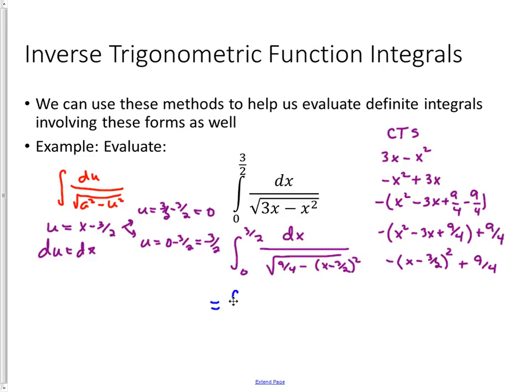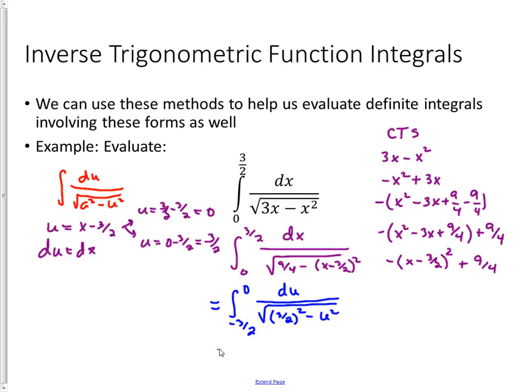It's going to be evaluated from negative 3 halves to 0 of du divided by the square root of this perfect square of 3 halves. So we have 3 halves squared minus u squared. And yeah, that is our a squared minus u squared format.